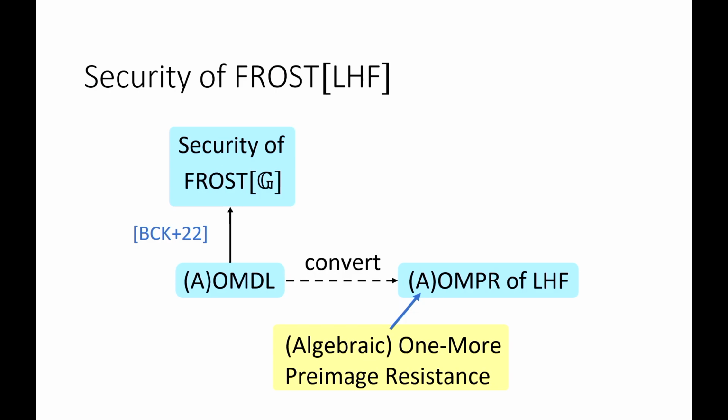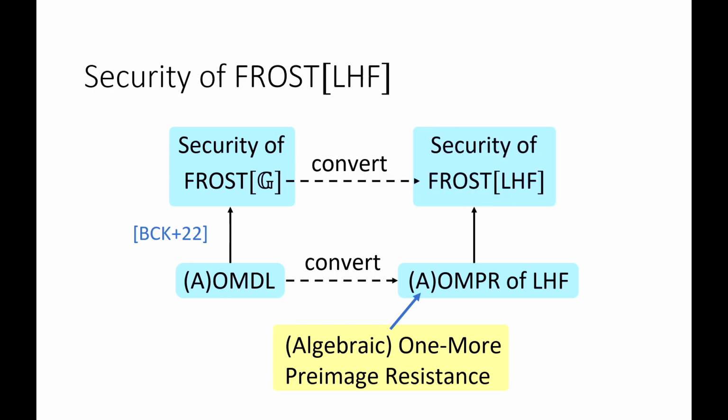By applying the conversion, we can convert the algebraic one-more d-log assumption to the algebraic one-more pre-image resistance of the linear hash function. Then we can show that the security of the linear hash function based FROST is implied by the algebraic PR property by adapting the original proof. I will not delve into how we adapt the proof because of the time limit, but I will briefly explain how we derive the notion of this algebraic one-more PR property.